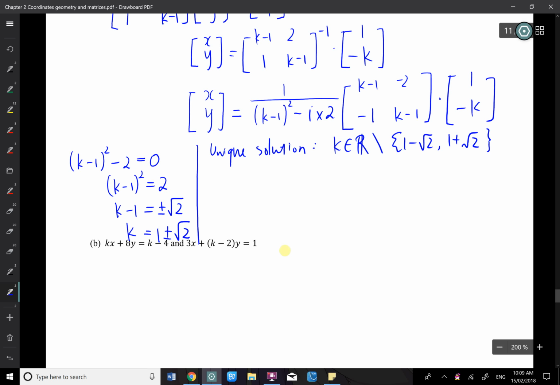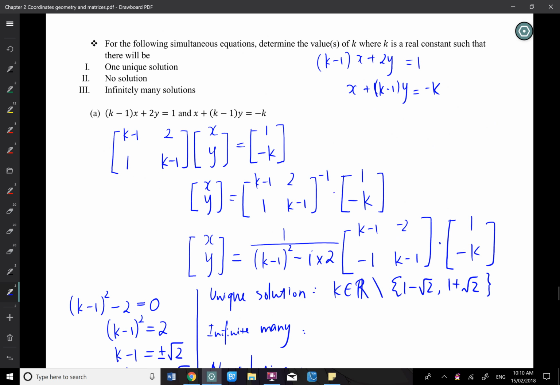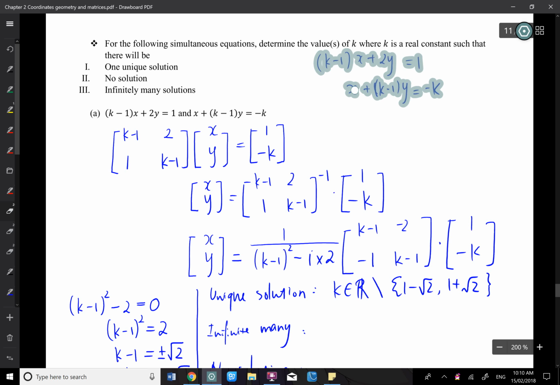Then we have two more questions: infinitely many solutions and no solution. Those two answers must come from here, because all the other values are good. The only possibility is coming from these points. I can't tell which one is the infinite case and which is the no solution case, as it's all combined together. So what I will do is sub back to check, into the very beginning matrix.